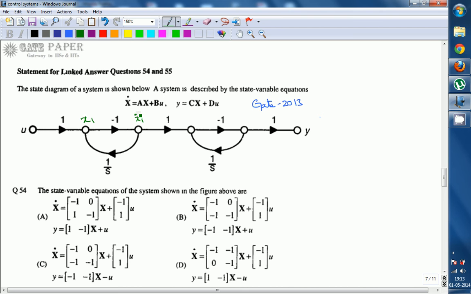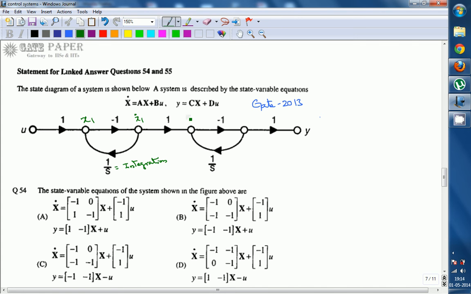We know that x1 dot is nothing but the differentiation with respect to time, so this is dx1 by dt. In the Laplace transform, this 1 by s always indicates integration. So by applying integration to dx1 by dt, we will get x1 here.